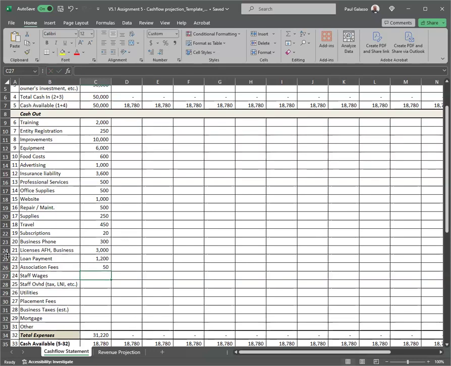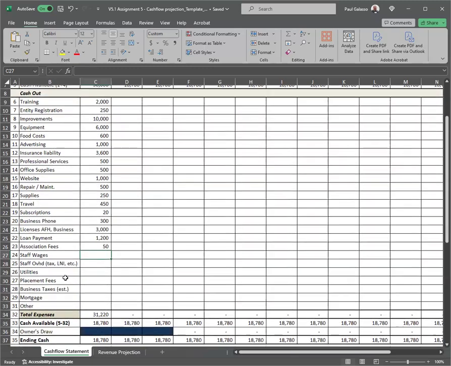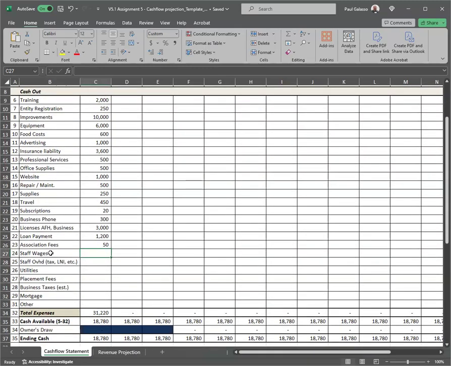All right. Now we get down in the startup phase to staff wages. Are we going to need to start hiring staff for our business before we have any residents? No. The next is staff overhead. This is all of the tax, the L&I, the unemployment, all of the different fees that we have to pay for our staff.